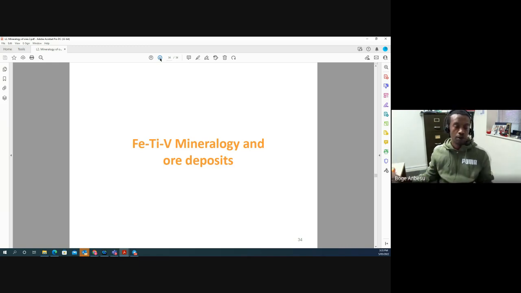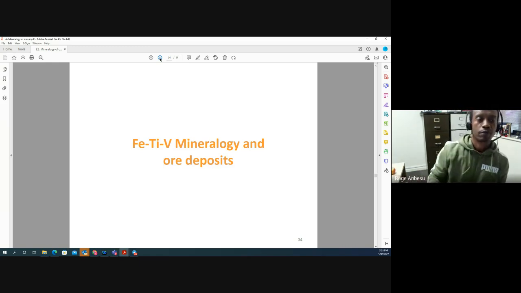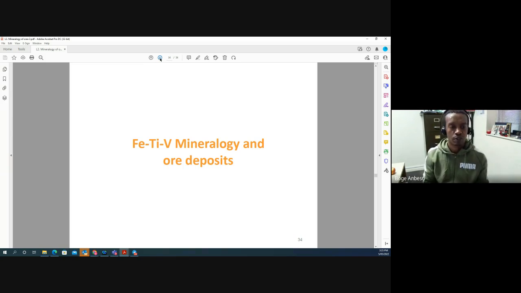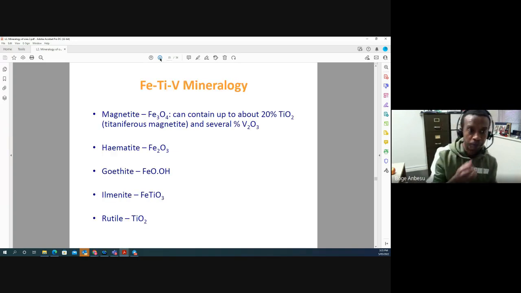So I briefly went through different types of gold deposits and some issues with mineralogy and processing. Again, briefly looked at some base metal deposits, the mineralogy, and some issues with processing. We'll do the same for ferrous metals. Typically when we say ferrous metals, we tend to focus on iron, titanium, and vanadium because they commonly occur together.